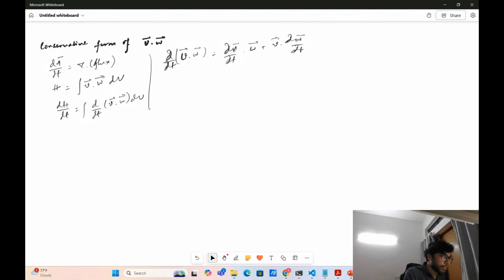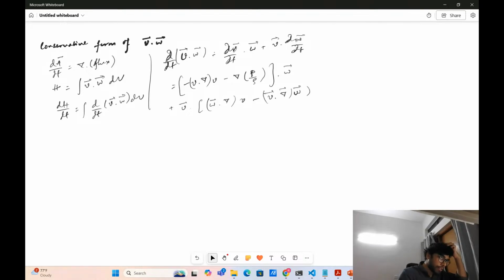So we can write this as V dot del V minus del P over rho, dot omega. This is the first term. Second term is V dot omega dot del V minus V dot del omega.